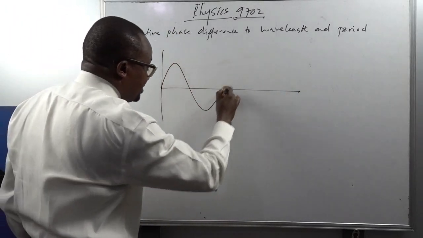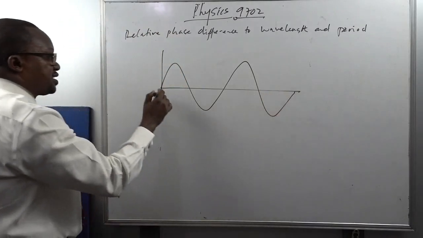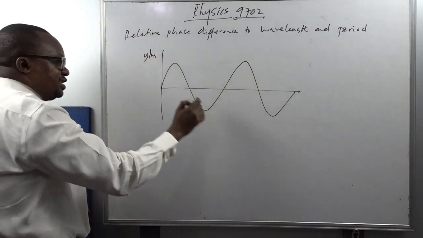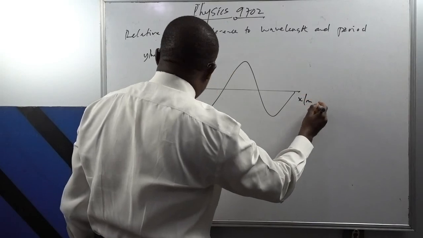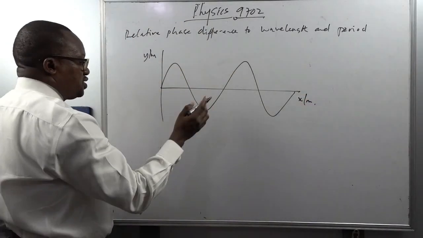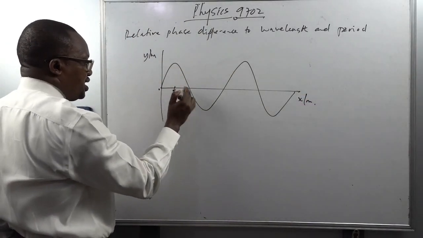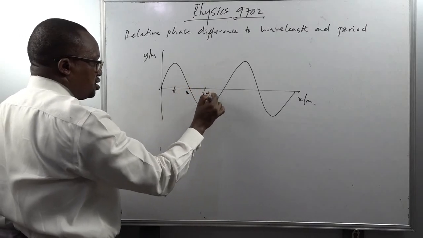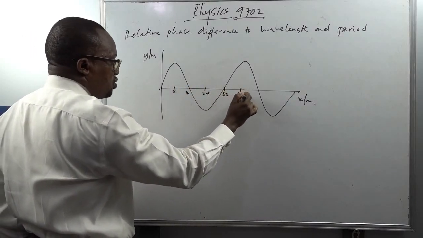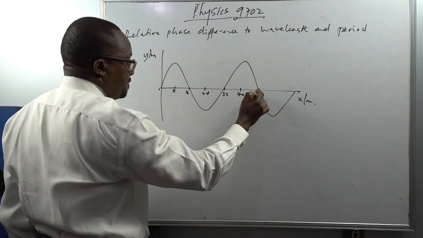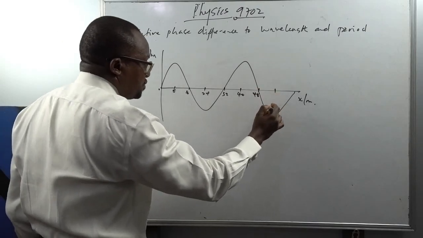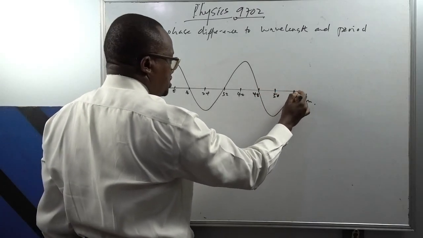and you have something like this, and this is a graph of displacement in meters against distance covered by the wave in meters. So let's use the previous one. I'll use 0, 8, 16, 24, 32, 40, 48, 56, 64.